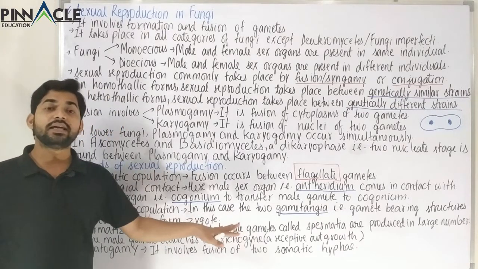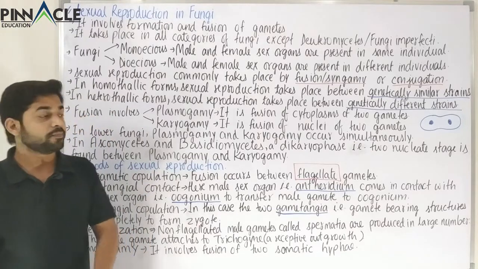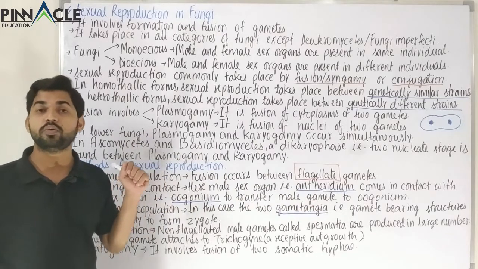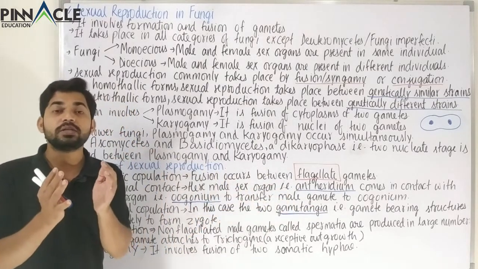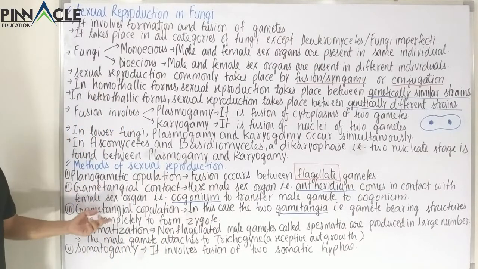So the 2 gamete forming structures are themselves combining, but in the previous case the antheridium was transferring the male gamete to the oogonium. So this is the difference. Here the gamete forming structures are themselves fusing to form the zygote. So that was the third type.